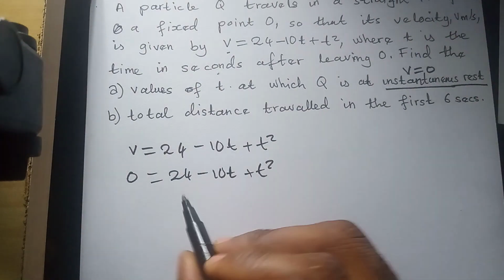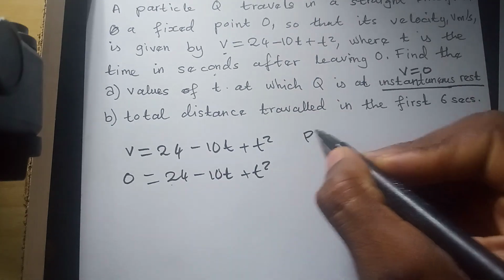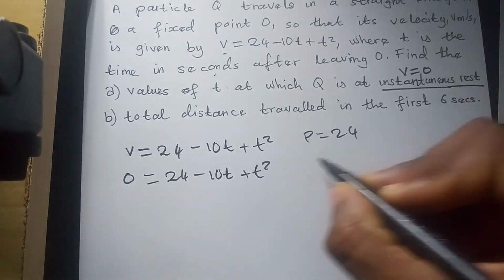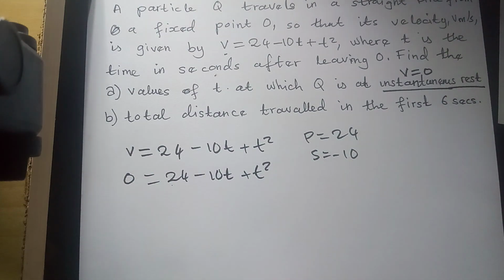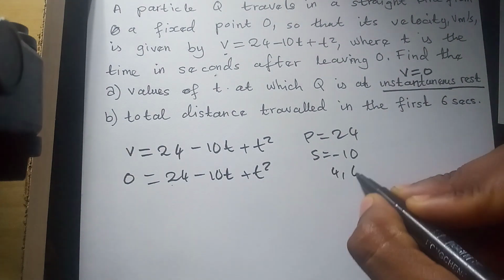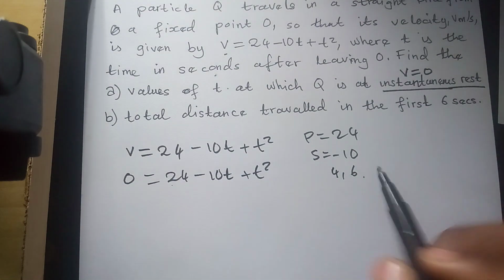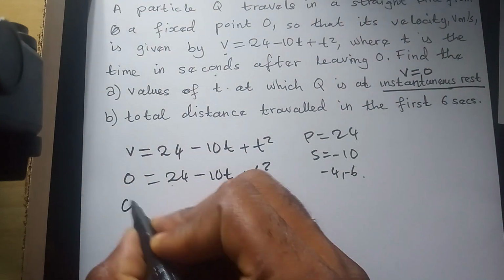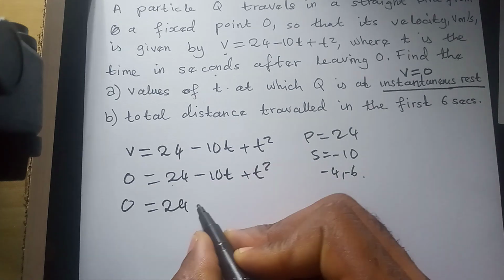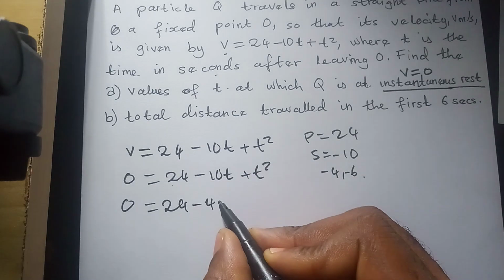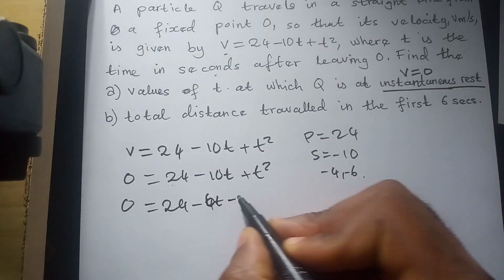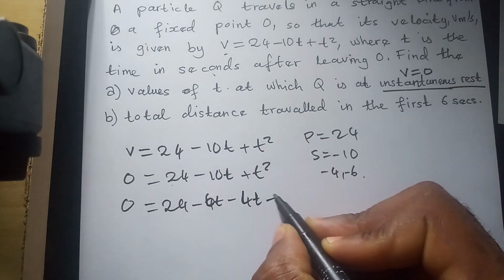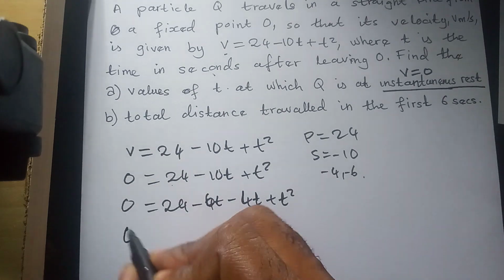So with this equation, our product is 24, our sum is negative 10. So our factors should be 4 and 6. We can make them negatives. So we have 24 minus 4t, and then that's minus 40t. Let's start with 6, minus 6t, minus 4t plus t squared.